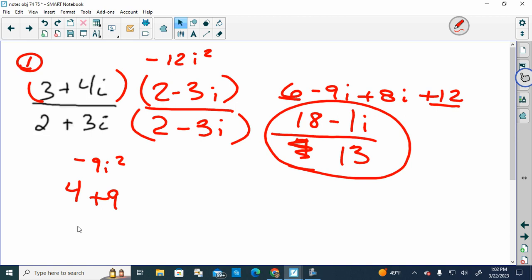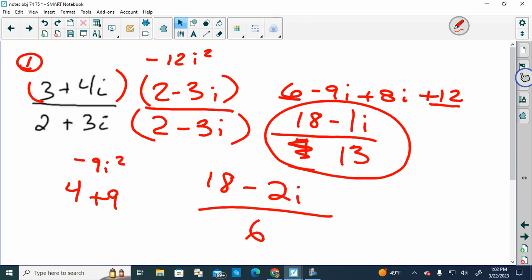Say we had 18, 2i, and 6. Then 6 or 2 could go into this, this, and this. So you would just reduce those whole numbers, and you can only do that when there's a singleton. So 3 and 9, the i would be there.